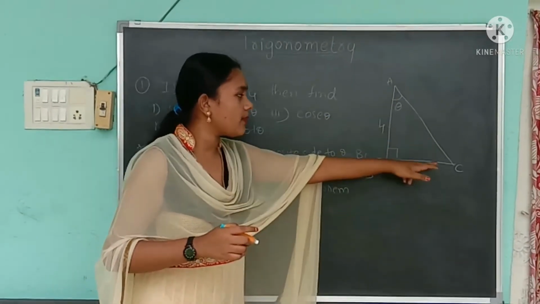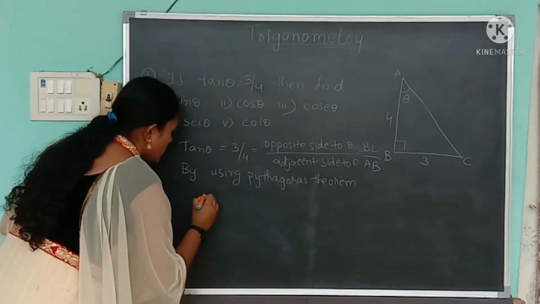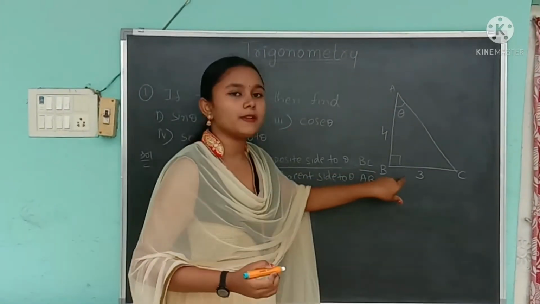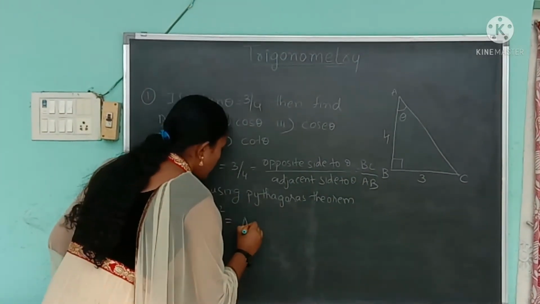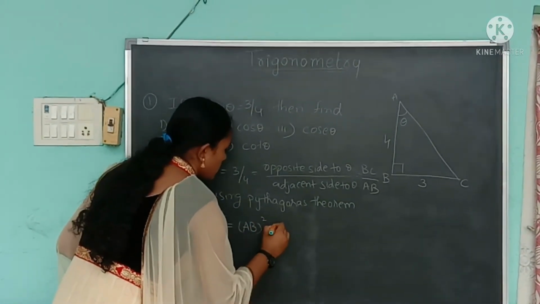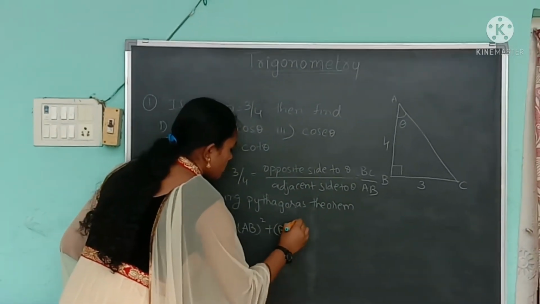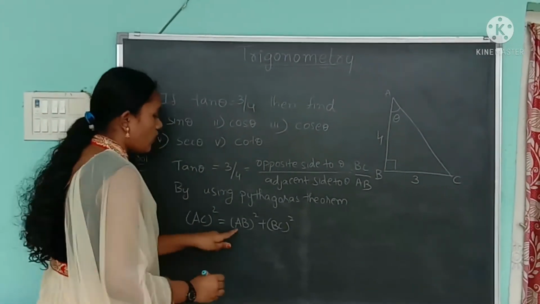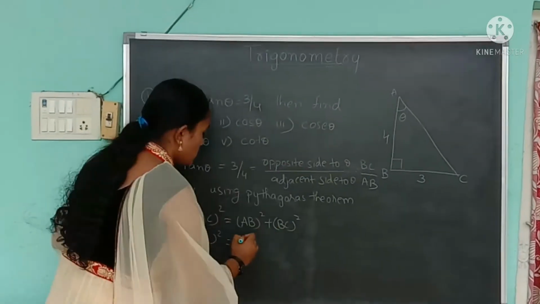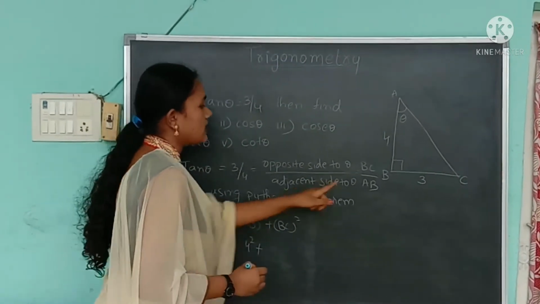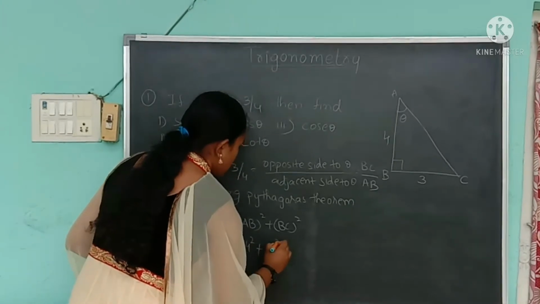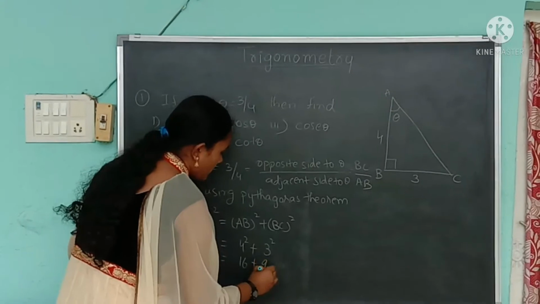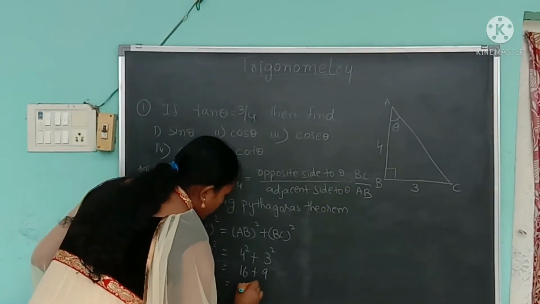So here, what is the hypotenuse? AC. So AC square is equal to AB square plus BC square. We have to find AC. What is AB? 4. So 4 square plus, what is BC? 3, 3 square. 4 square is 16, plus 3 square is 9, is equal to 25.